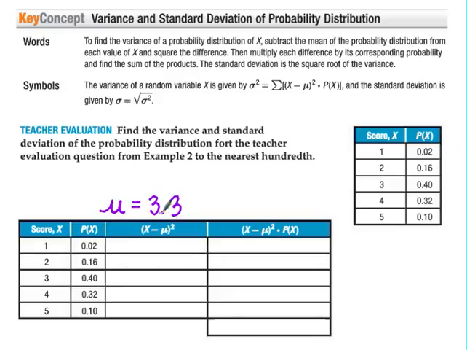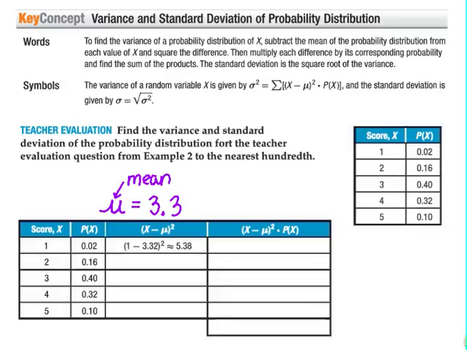That is another way to symbolize the mean. It's called mu. It's a Greek letter. So when you see that little lowercase u, that is known as the mean. So what this says in the problem is that you're going to take whatever the x value is, so in this case 1, subtract 3.3, and square it.